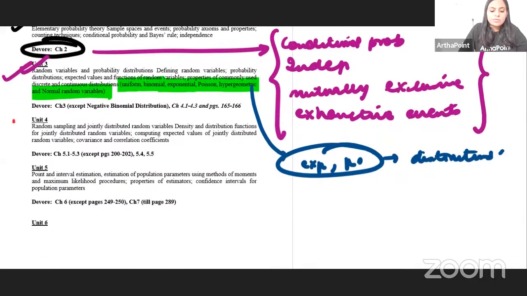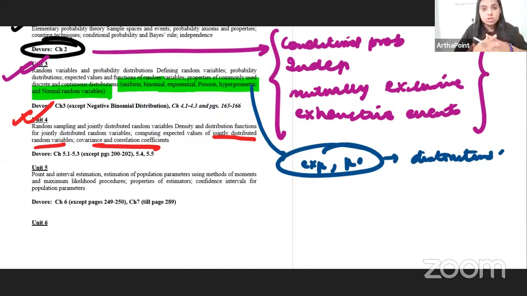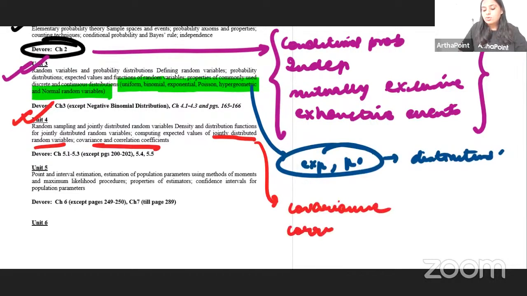Then comes unit 4. Unit 4 is going to talk about what happens if I have joint distributions. So this is going to be talking about joint distribution of the random variable. And when variables are jointly associated with each other, we need to talk about covariance and we need to talk about correlation.